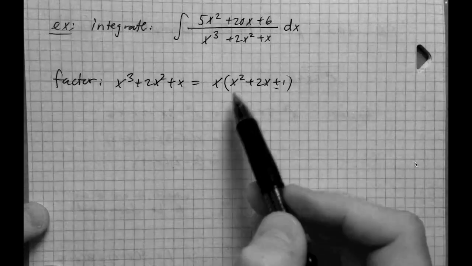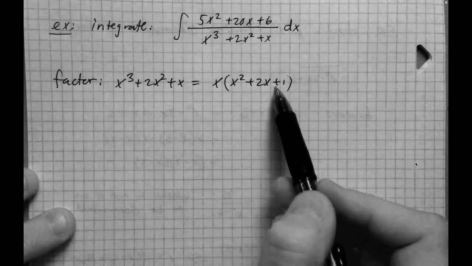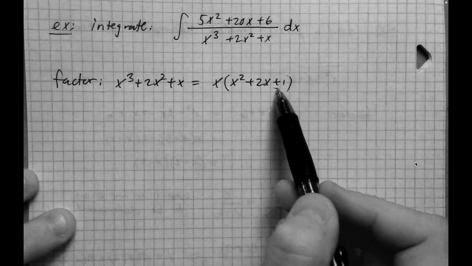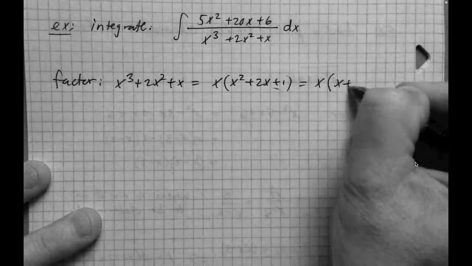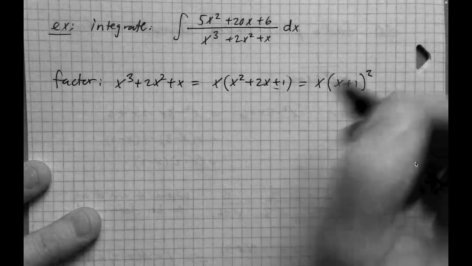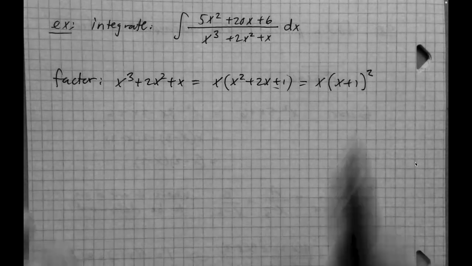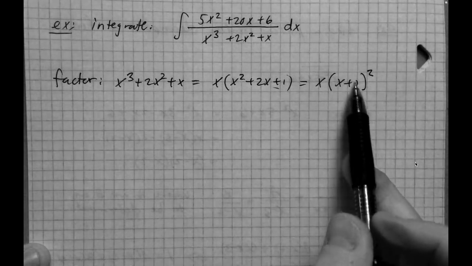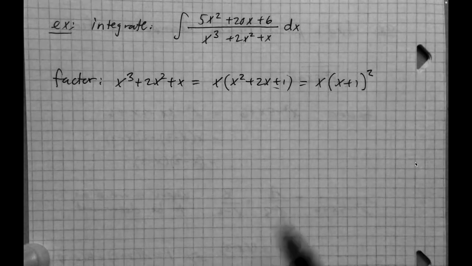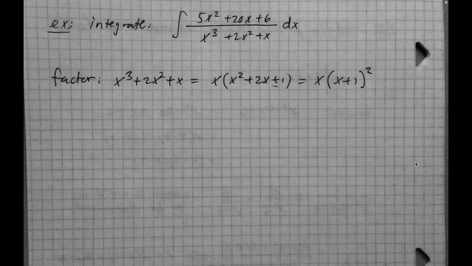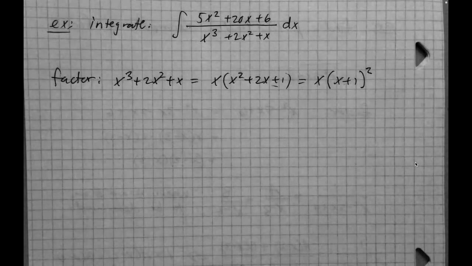You might be able to see that, x squared plus 2ax plus a squared. So this would be x times x plus 1 squared. So we've got a linear factor, and then we've got another linear factor, but it's repeated. So this would be the second scenario that we would encounter. But it's no problem.